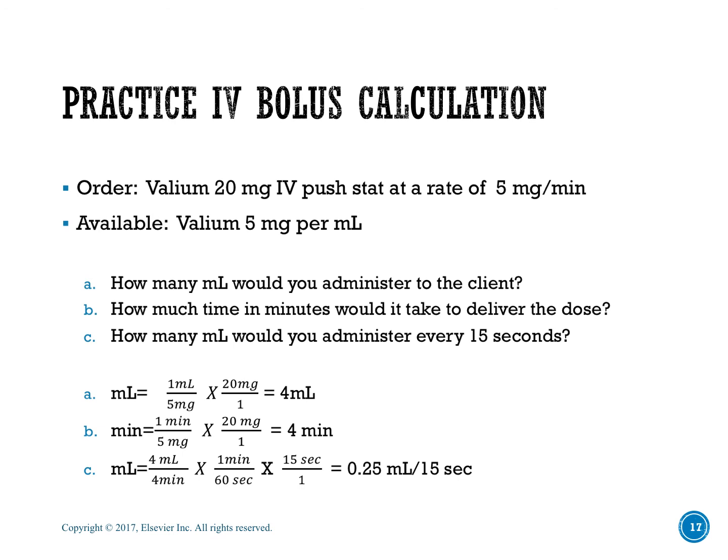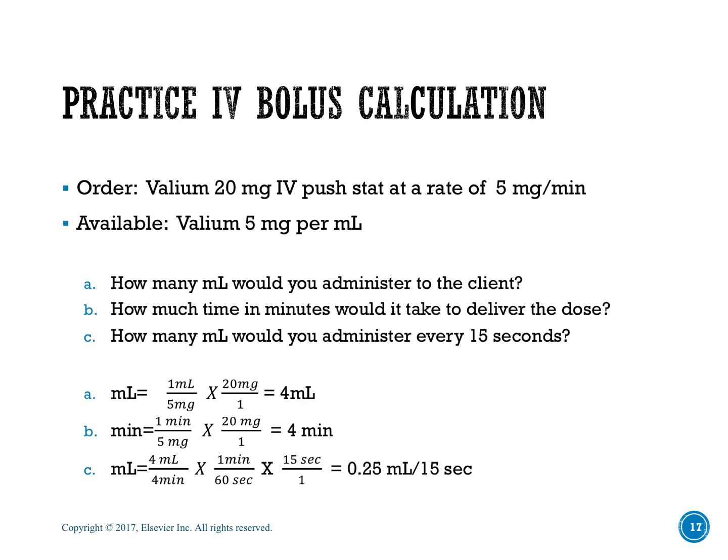So what would that be per minute? And you can kind of figure that out without doing any math. If I need to administer 4 milliliters over 4 minutes, it means I would administer 1 milliliter per minute in order to get the dose. And then I asked if you could figure out how many milliliters that would be every 15 seconds. Again, in C, I set the problem up.